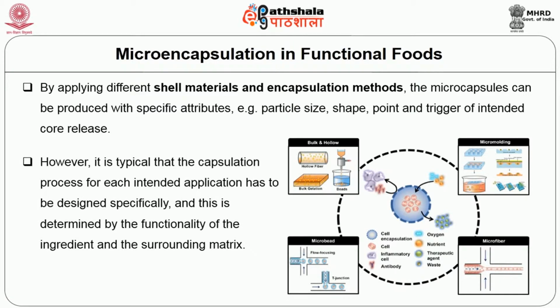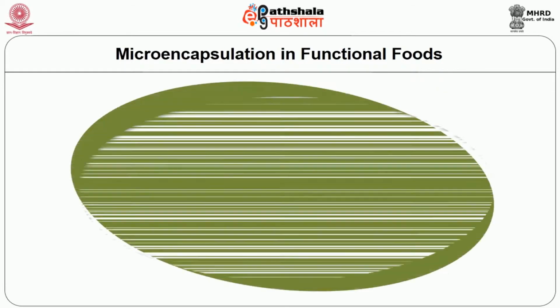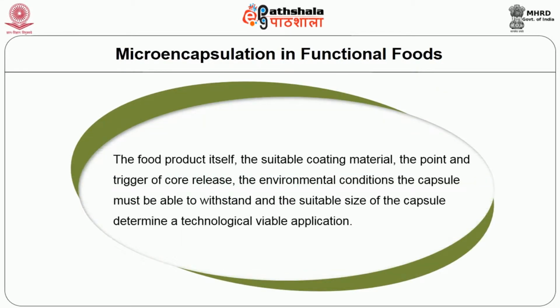However, it is typical that the encapsulation process for each intended application has to be designed specifically, and this is determined by the functionality of the ingredient and the surrounding matrix. The food product itself, the suitable coating material, the point and trigger of core release, the environmental conditions the capsule must be able to withstand, and the suitable size of the capsule determine a technologically viable application.